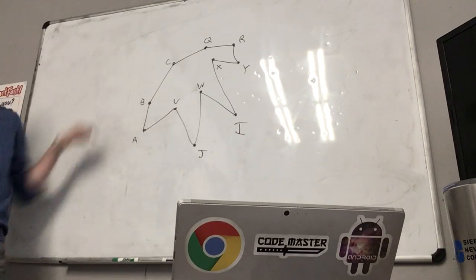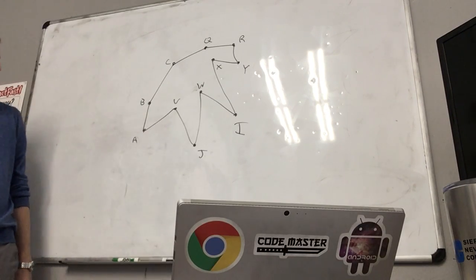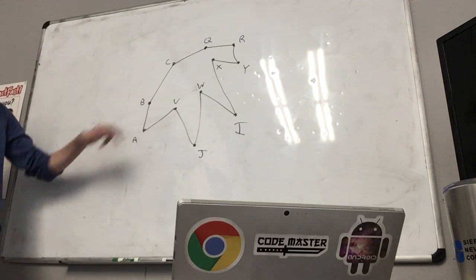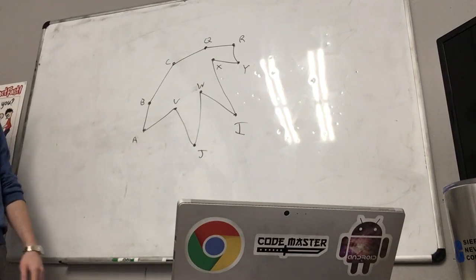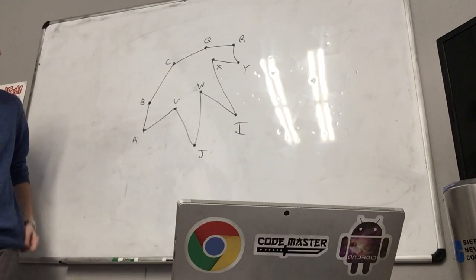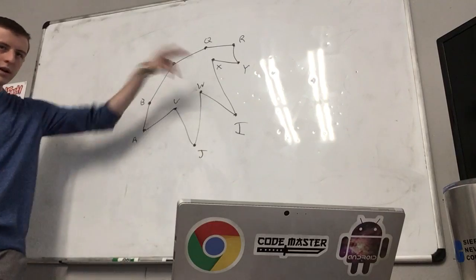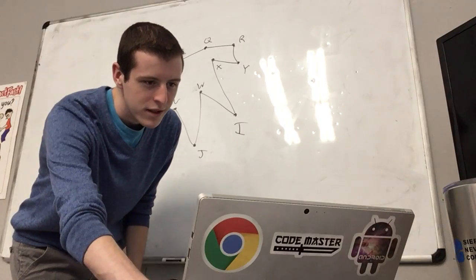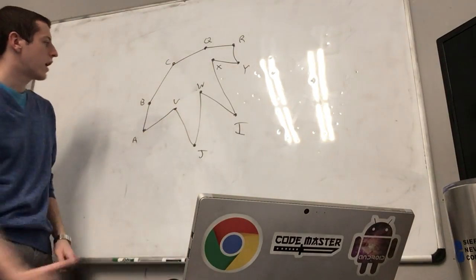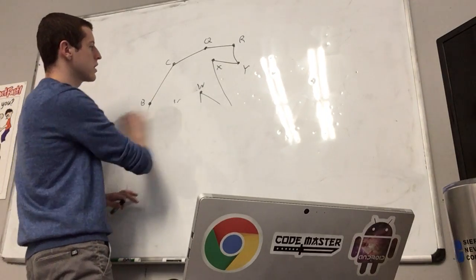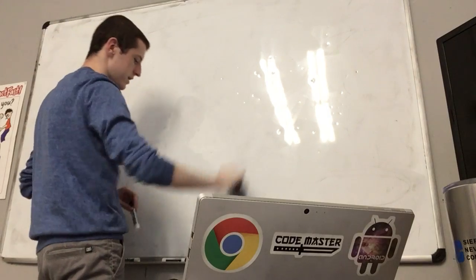Go in either clockwise or counterclockwise order until you get back around to the start. I'll start from A and say this is polygon A, B, C, Q, R, Y, X, I, W, J, and V. Or A, B, J, W, I, X, Y, R, Q, C, D, A. Any of those are fine. You can start from any point and go around either direction. Avoid naming points twice, like I did on that last one. With that, you can name pretty much anything irregularly shaped.